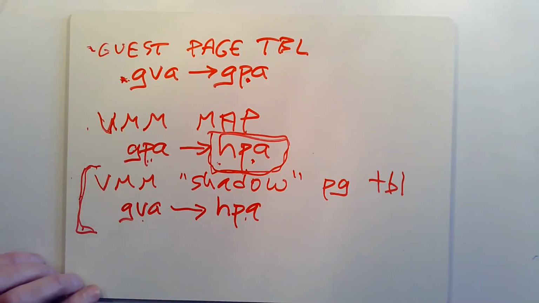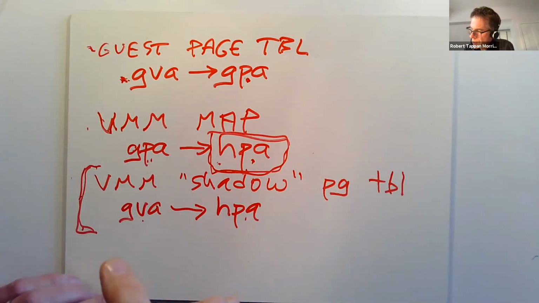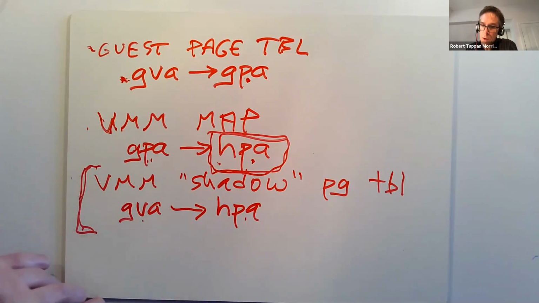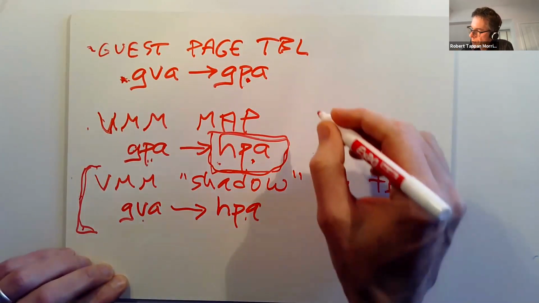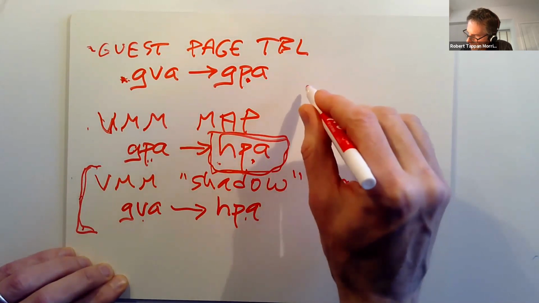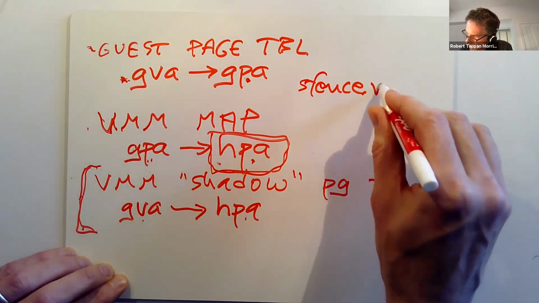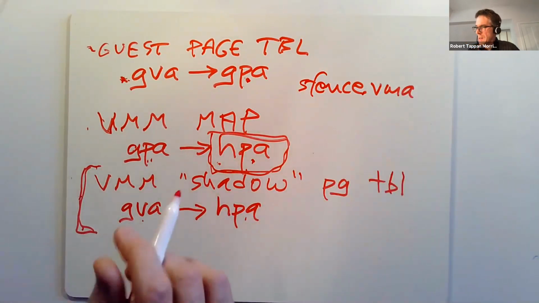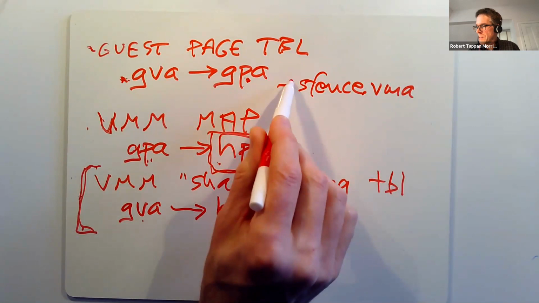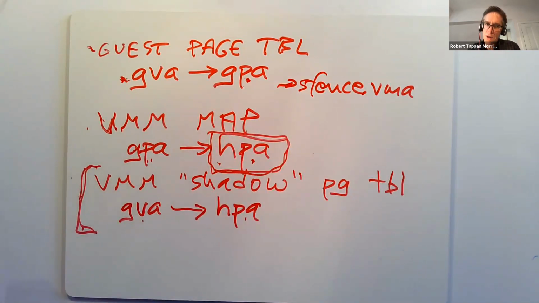Instead, what the manual says is that if you modify page table entries and you actually want the hardware, the MMU, to see them, you have to execute the sfence.vma instruction. The spec says it's only this instruction that causes the hardware to pay attention to your page table modifications. So if you're building a virtual machine monitor on RISC-V, it can completely ignore the guest modifications to page table entries.